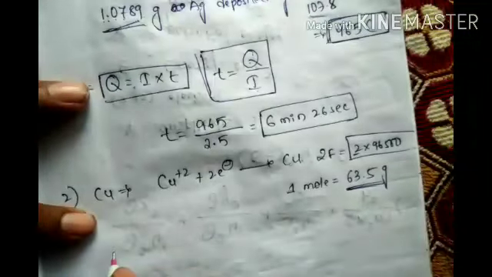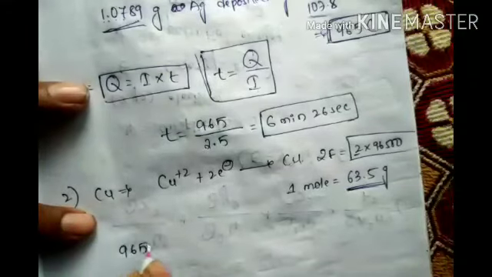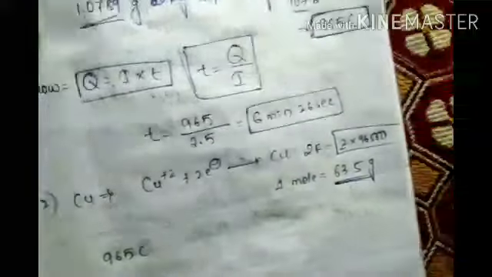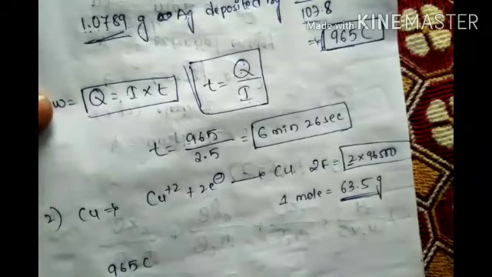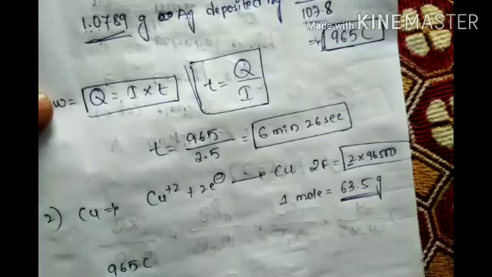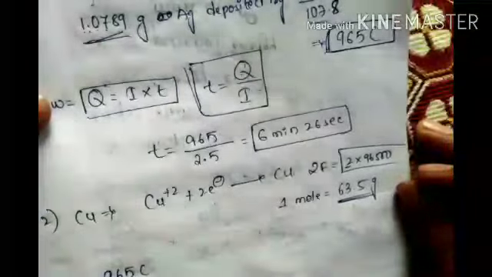Now let's take 965 C. Where did you get 965 C? The Ag was deposited by 965 coulombs.